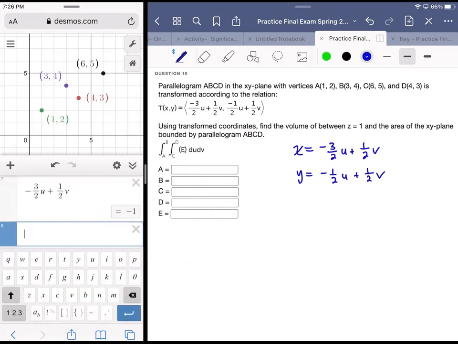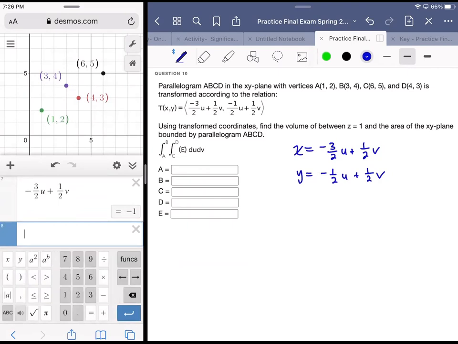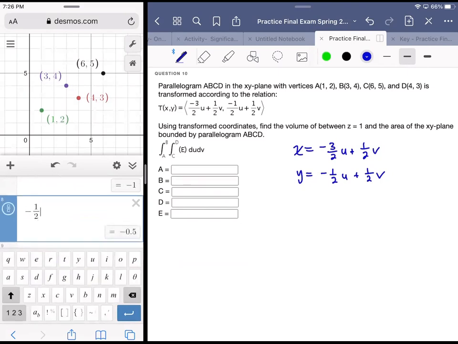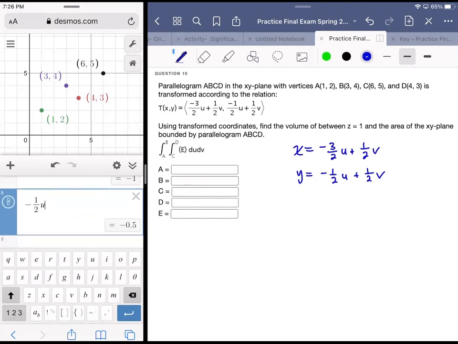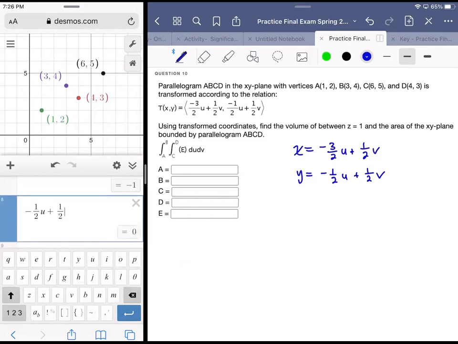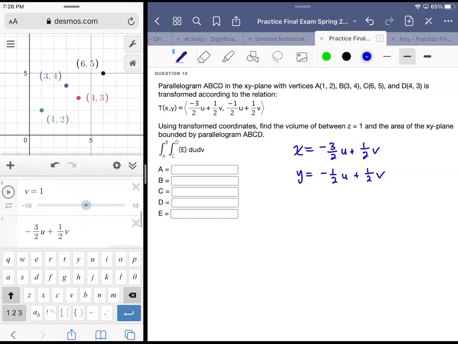And the y would be -1/2 u plus 1/2 v. And so now I can just kind of toggle back and forth based off of the given u and v values.